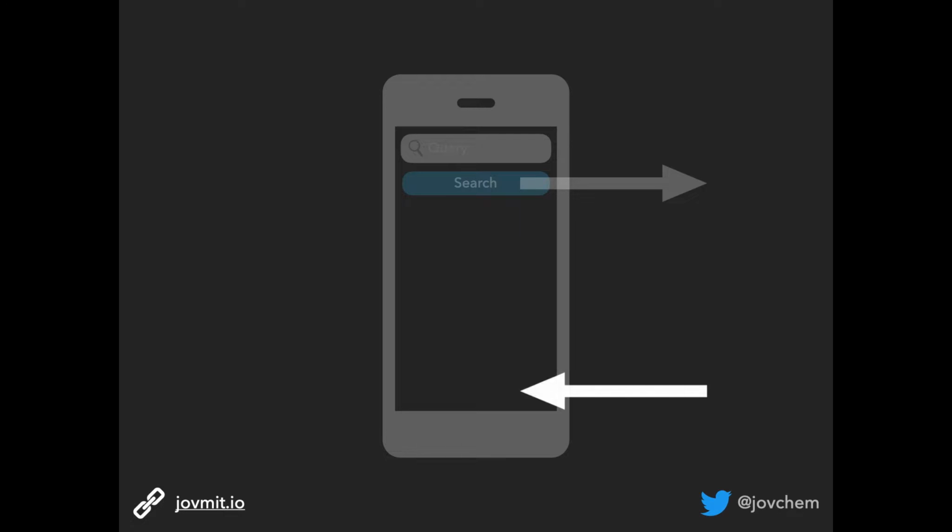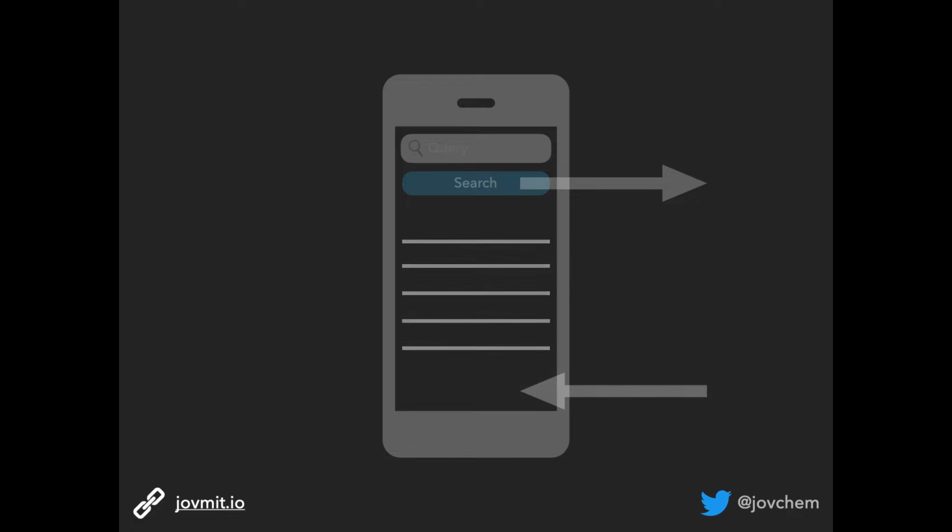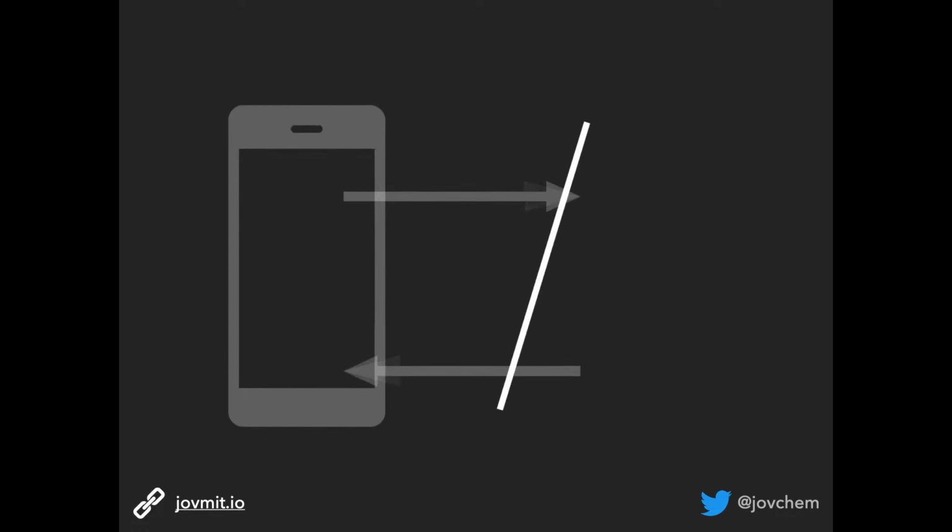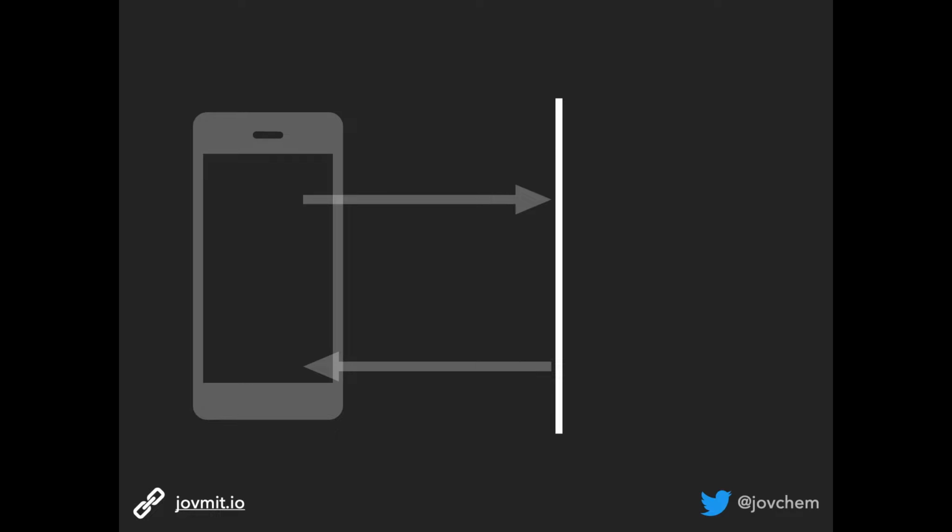So the UI would receive, let's say, a loading state. It should display some sort of spinner. Then it would receive another state, which is the actual search results that it has to render. And that's the concept. Basically, the UI has to be very simple, no logic inside at all.